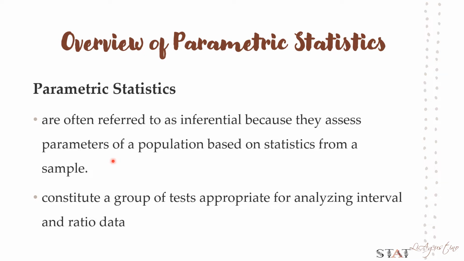They are related, the parametric and inferential, and it constitutes a group of tests appropriate for analyzing interval and ratio data. As you can see in the previous slide, in the comparison of parametric tests, the data being used under parametric statistics are interval and ratio.